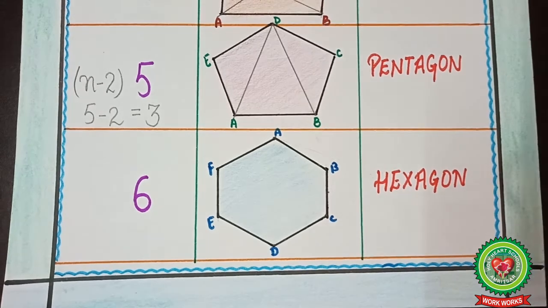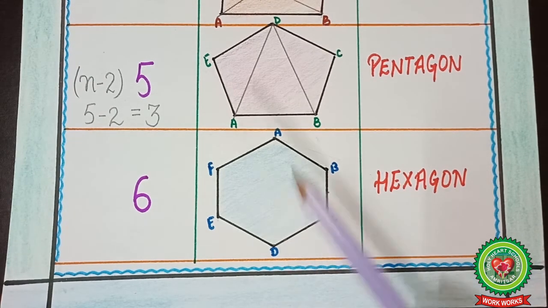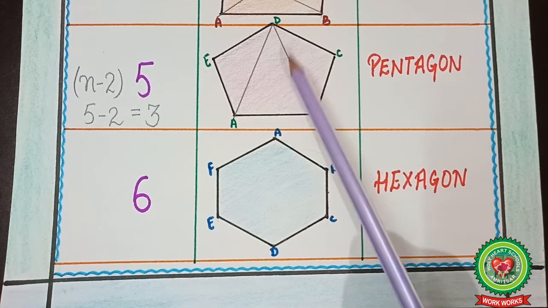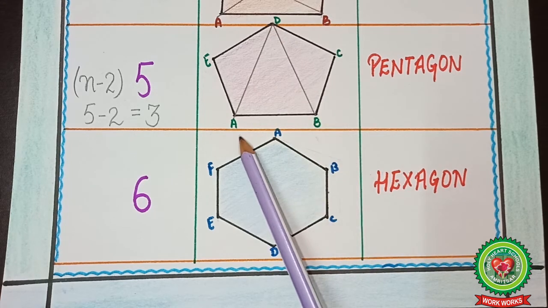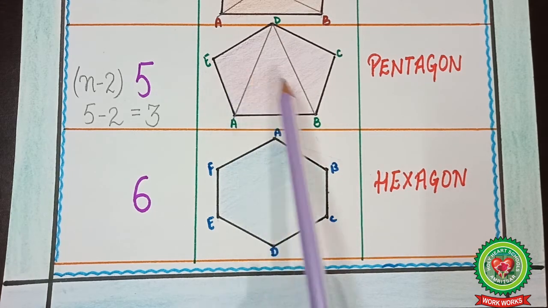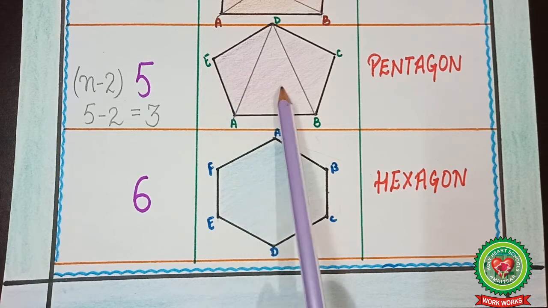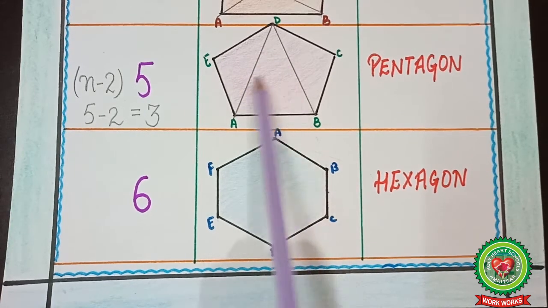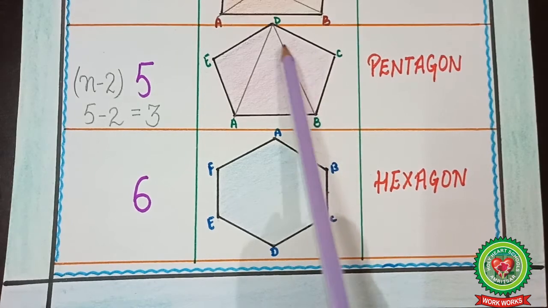If I join point A with D, and similarly point B with D, you can see that 3 triangles are forming. Which triangles are these? This one is the first, this is the second, and this is the third.